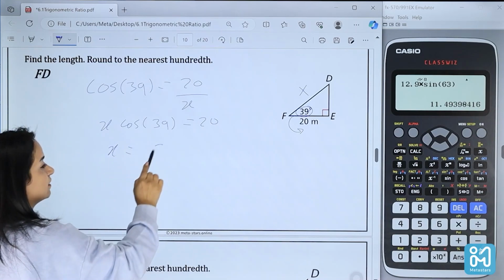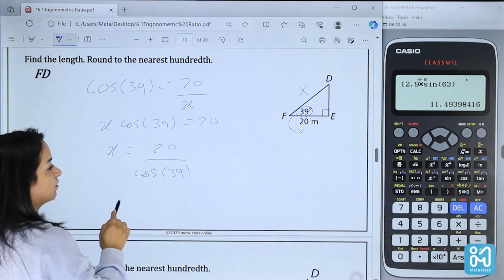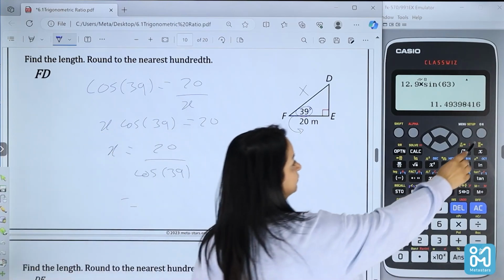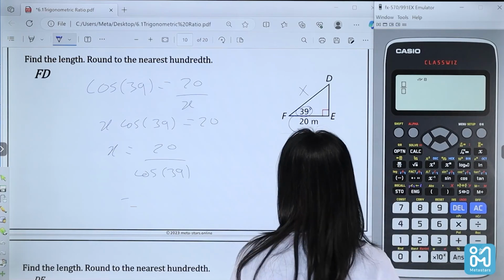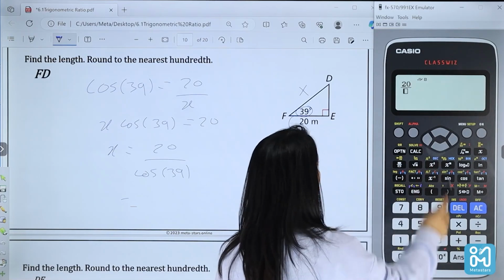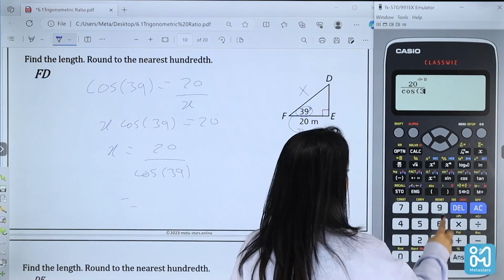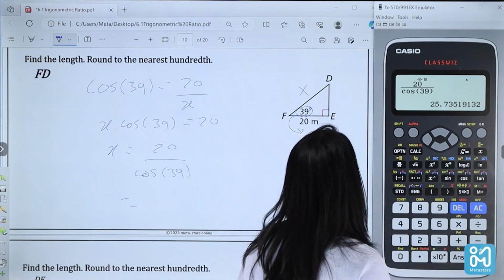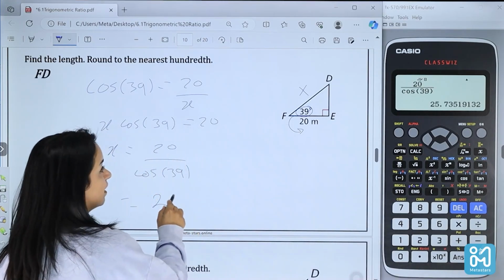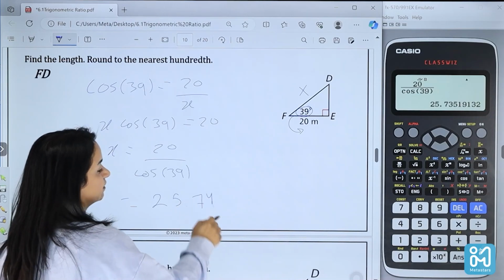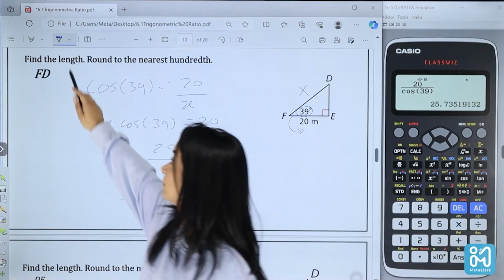So x is equal to 20 over cosine 39. So it's approximately equal to 25.74. That is the value of the hypotenuse in this question.